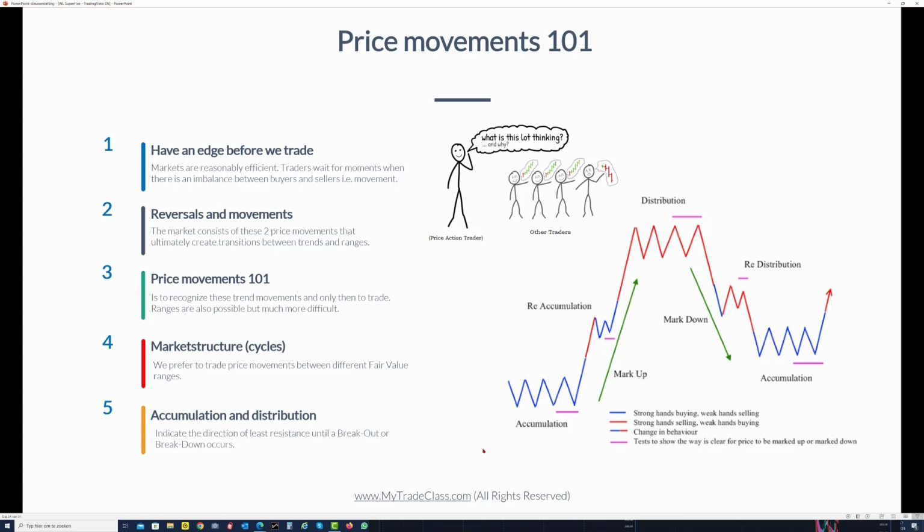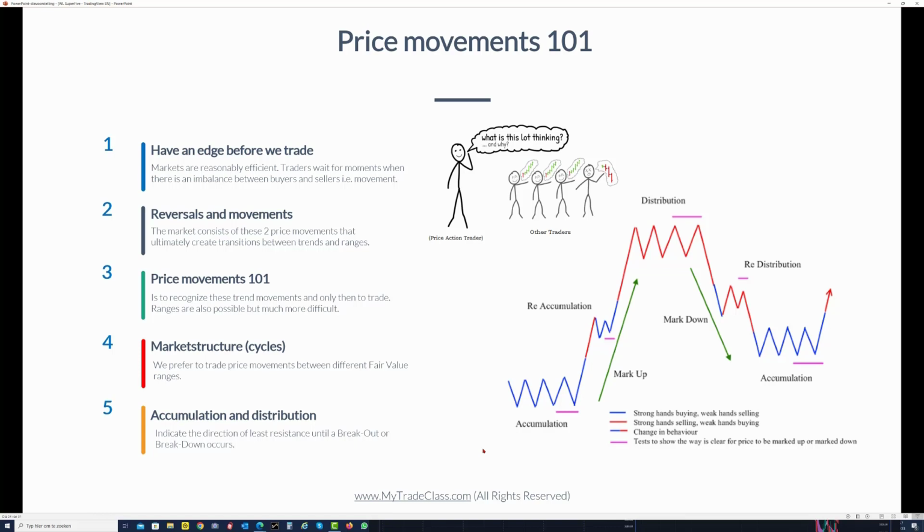So if we're trading these price movements, we only trade when we have an edge. We look at the market cycles, market structure, reversals, movements. We know about accumulation, distribution. Look at the image. We look at the market in a structured way. And again, as you have already seen on my website, keep it simple, folks, and just trade what you see.